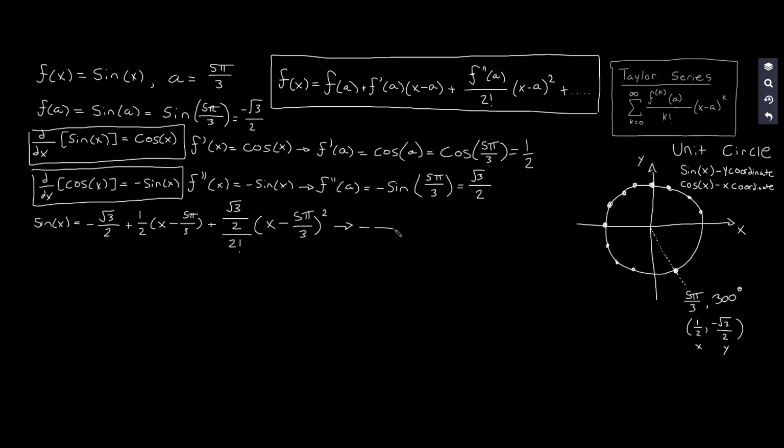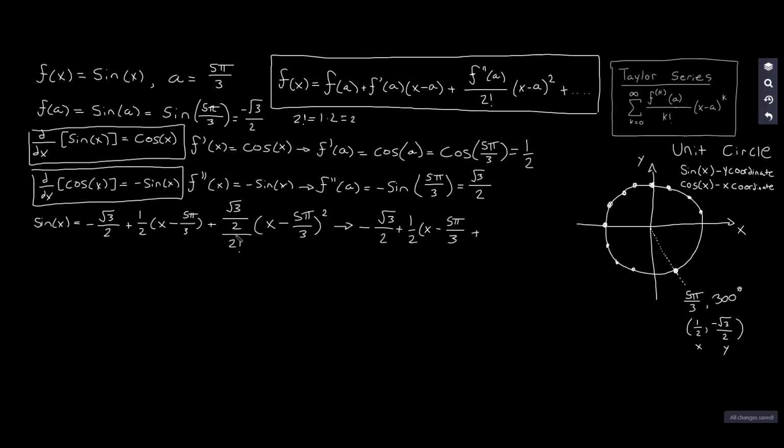And so this is going to become negative root 3 over 2 plus 1 half times x minus 5 pi over 3 plus, we're going to do some simplification here, 2 factorial. Let's just write this out here. 2 factorial equals 1 times 2, which equals 2.